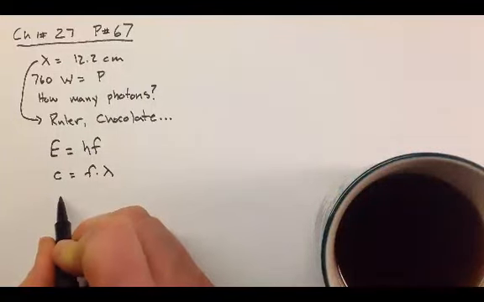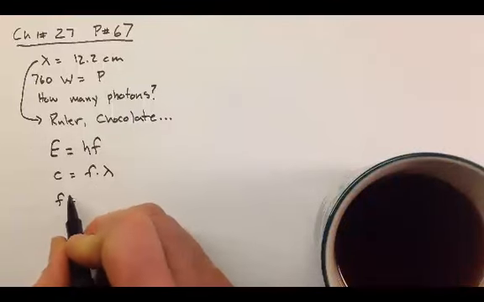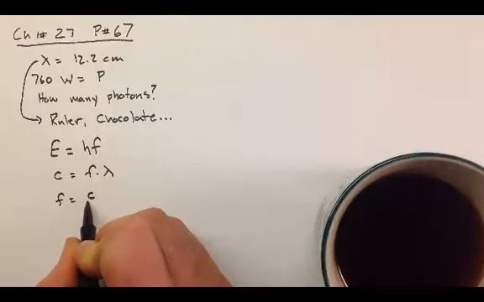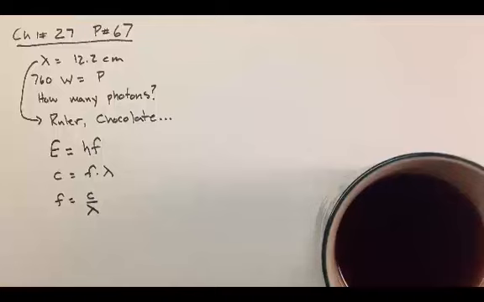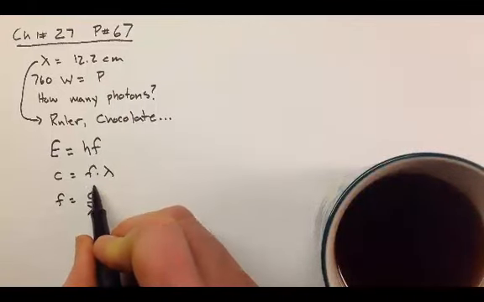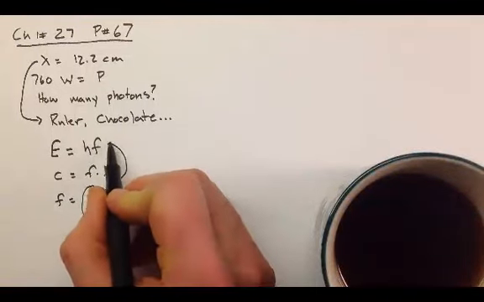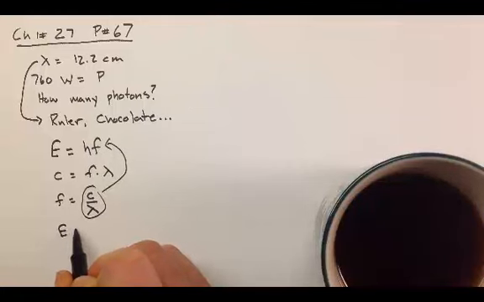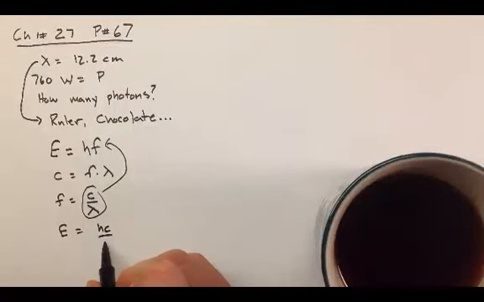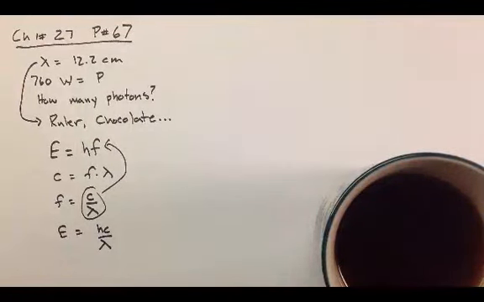And therefore, the frequency of any part of the electromagnetic spectrum is equal to c over lambda. So if we plug this in here, we find that the energy of a photon is hc over lambda. And if we plug in these values for our microwave photon, we would get the following.